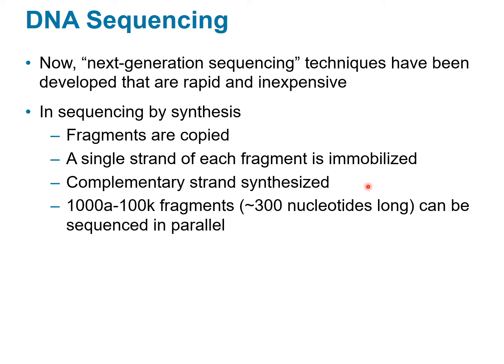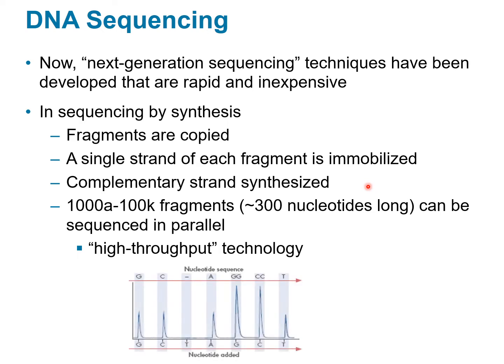But it can be sequenced in parallel, and you can combine all of the fragments to determine a full sequence. So this is an example of a high throughput technology. It can be sequenced in parallel. You can have 96 well plates, so you have 96 different samples running at the same time.